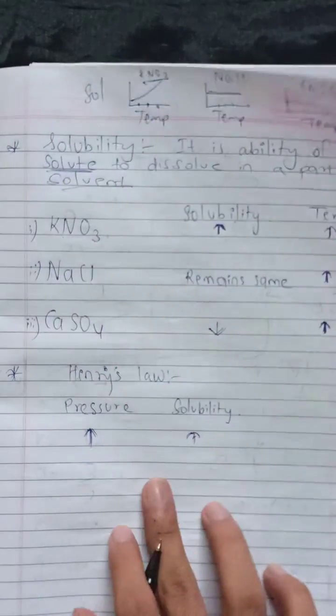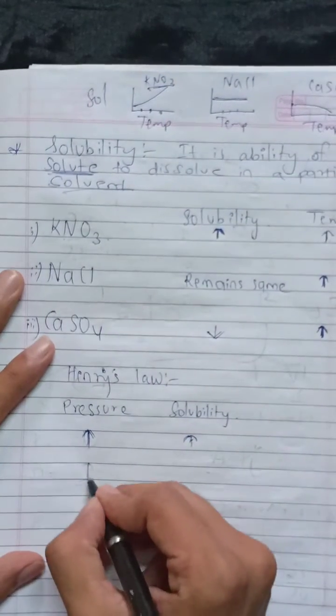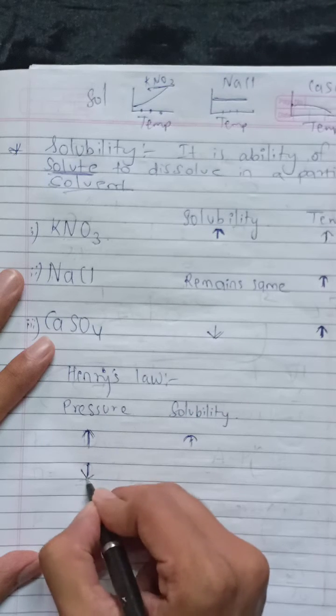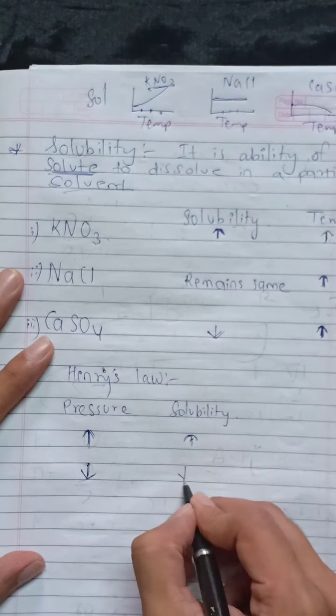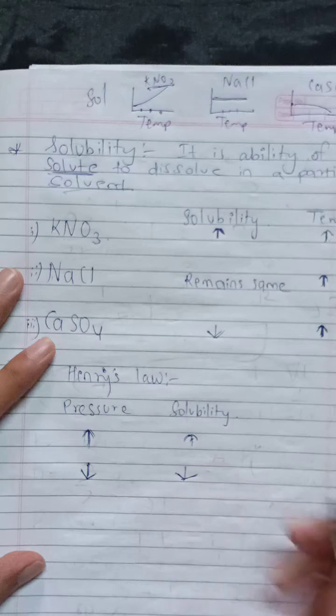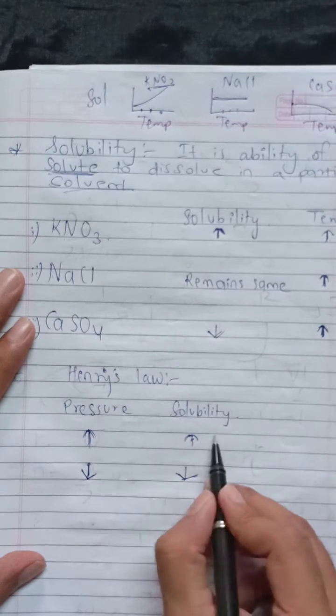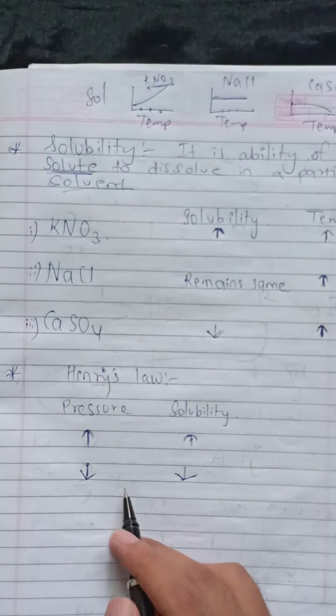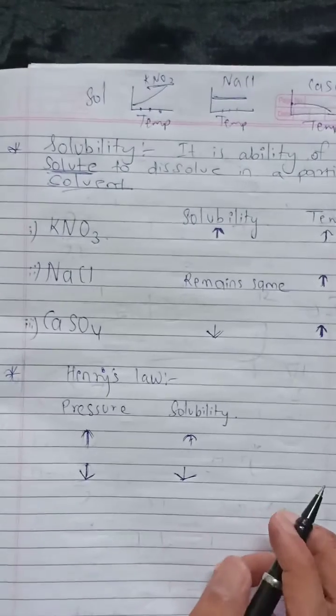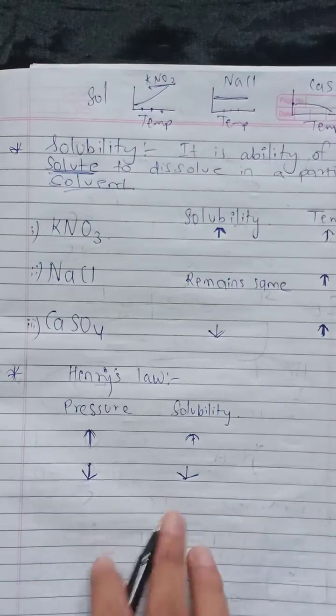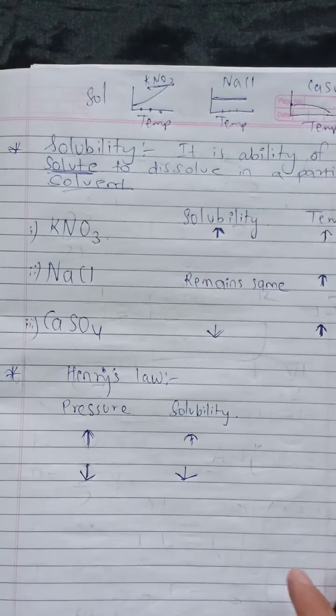What do you mean by direct relation? Suppose when the pressure is decreased, definitely at that period of time the solubility will be decreased. When the pressure is increased, solubility increases. When the pressure is decreased, the solubility also decreases. So basically this was said by Henry.